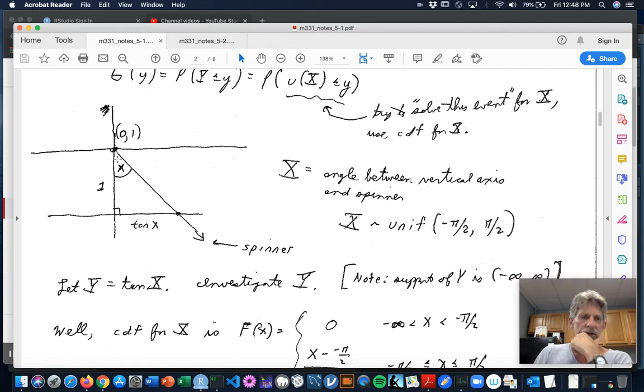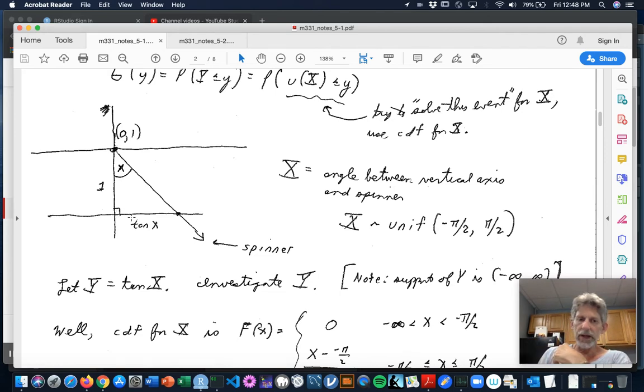Now, in the situation that I've drawn here, I've got a right triangle with an angle of X up here. And this side here going down from the 0, 1 to the origin, that's of length 1. And we know that tangent of an angle is opposite divided by adjacent.